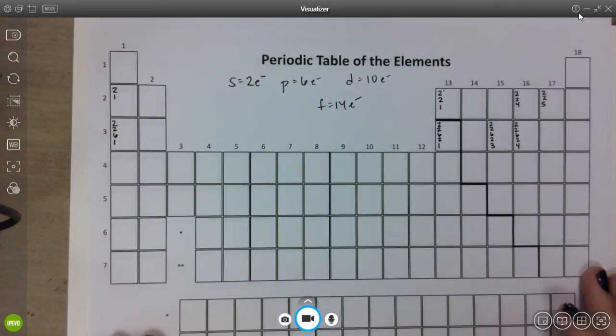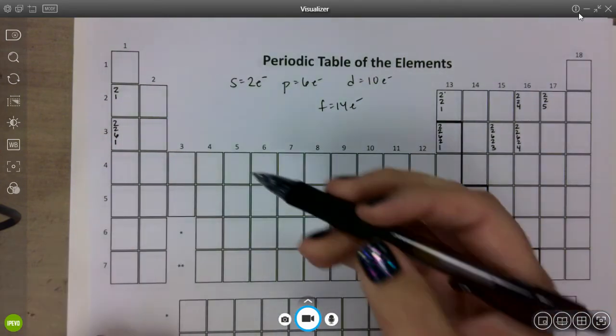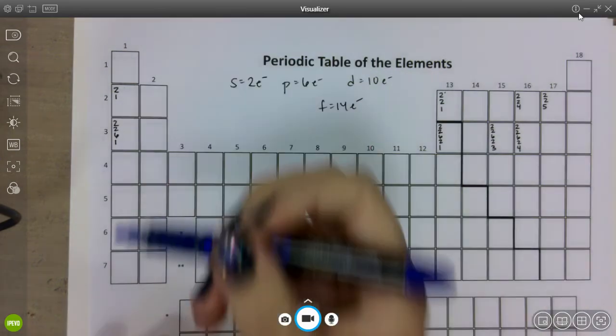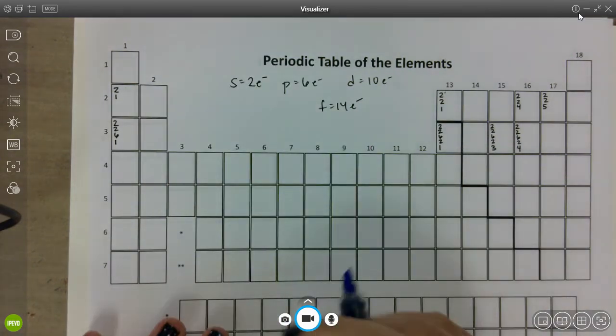So on our periodic table, these areas are actually called blocks. Depending on the area you are in on the periodic table, it will be considered a different block, okay? So you may want to write this on your periodic table as we go along.